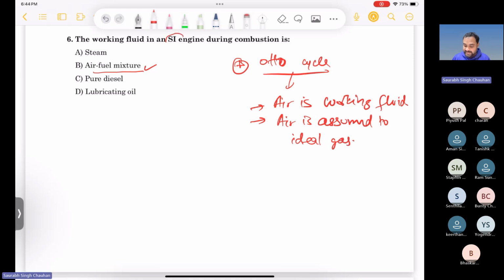But in an actual SI engine, the working fluid is air fuel mixture. So because of these differences, you are getting different efficiencies in the ideal case and in the actual case. So what happens in an SI engine? You are getting air fuel mixture inside the cylinder chamber.